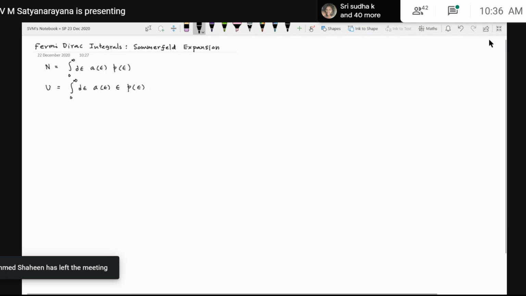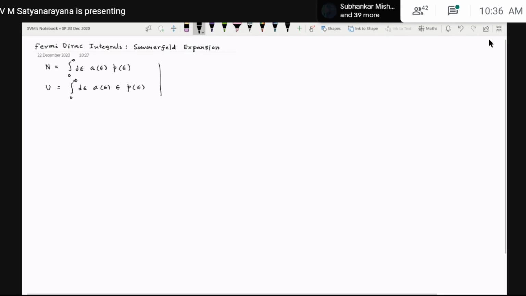So these are the two integrals that we would like to get. And of course here your a of epsilon is the density of states, which is given by v divided by 4 pi square into twice m by h bar square to the power 3 by 2.